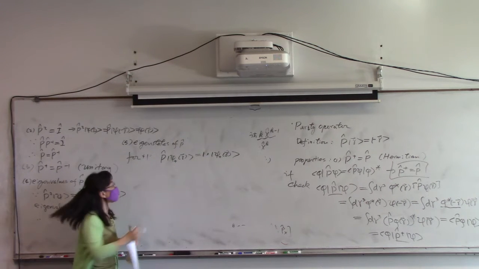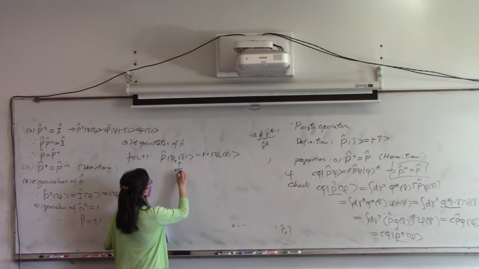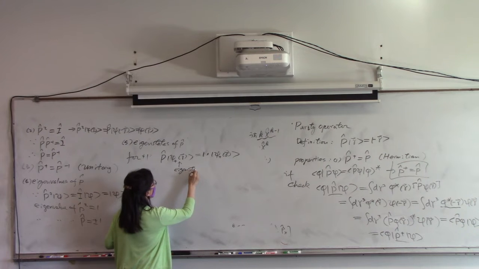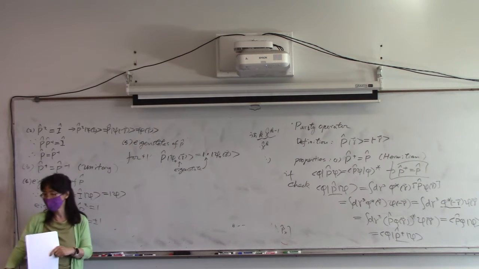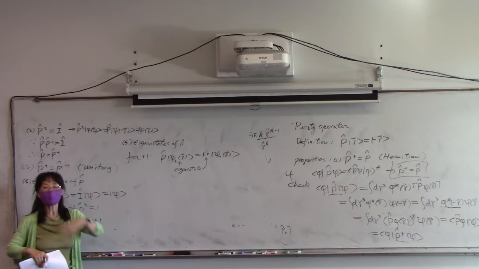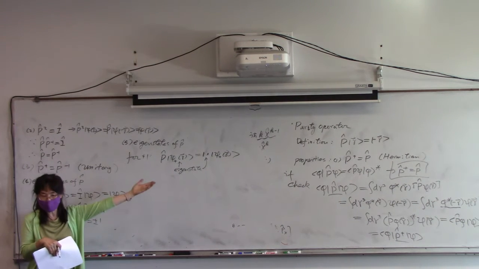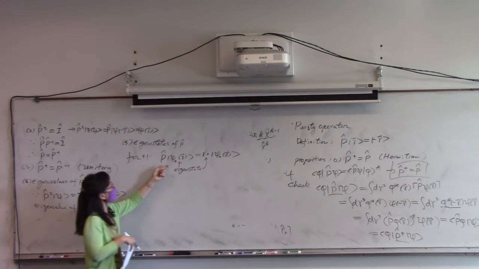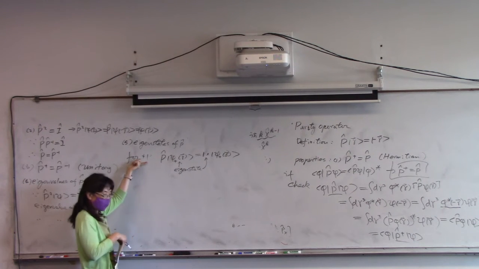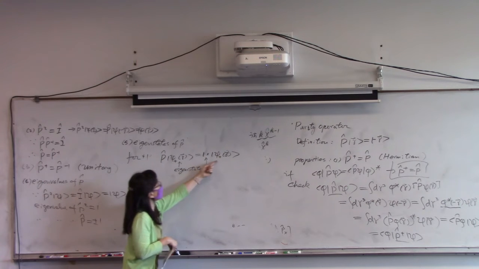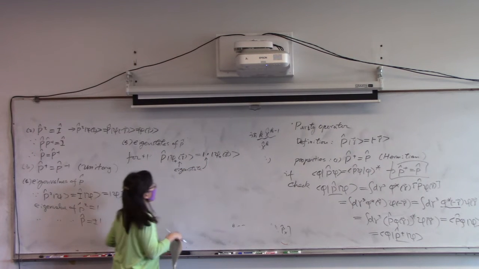This corresponds to this one, right? Of course, how to find it is another issue. But this gives us the eigenstates of the parity operator with eigenvalue plus 1, which I denote with a plus.